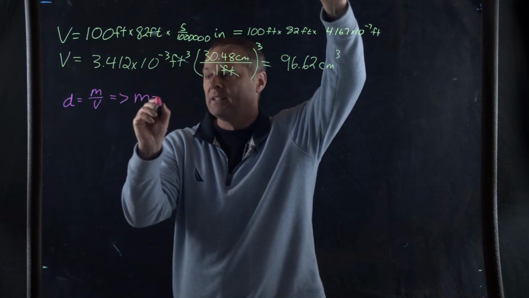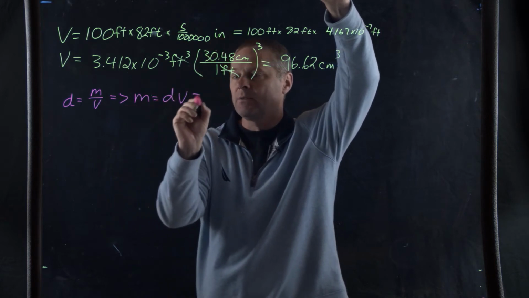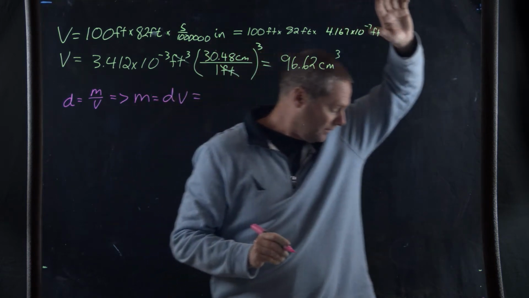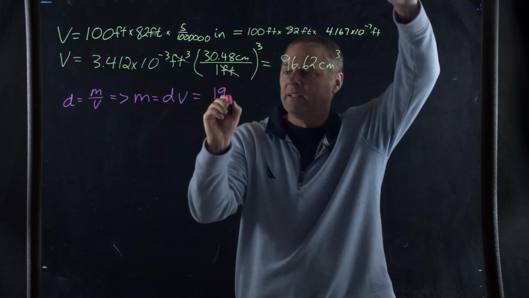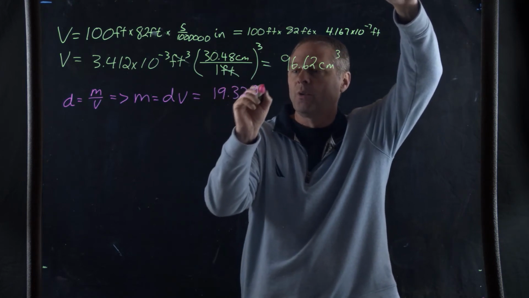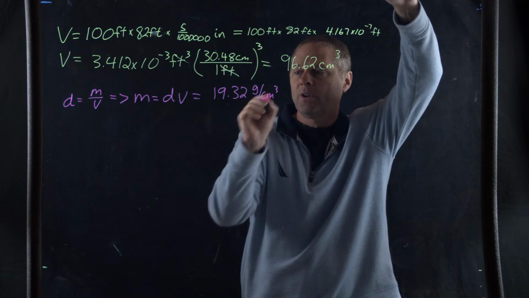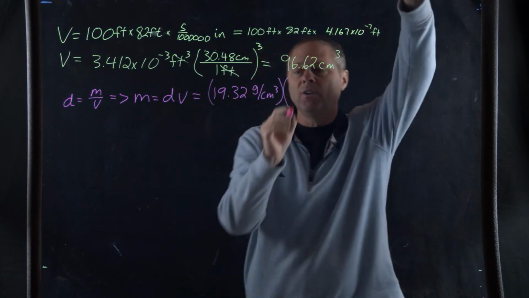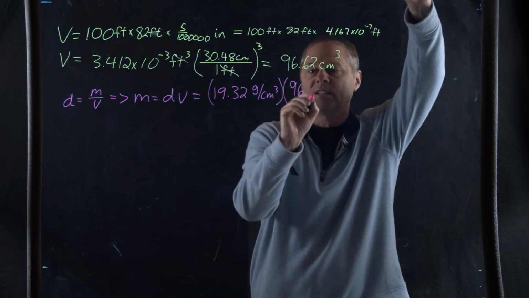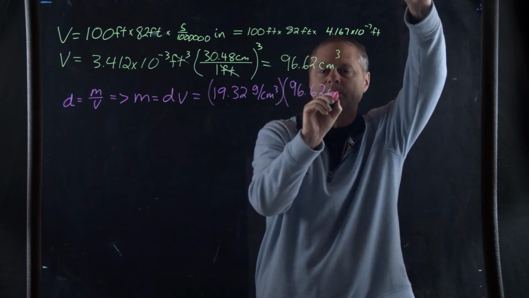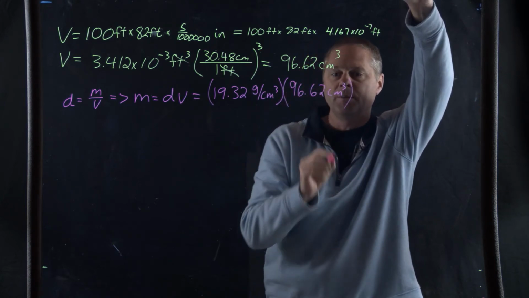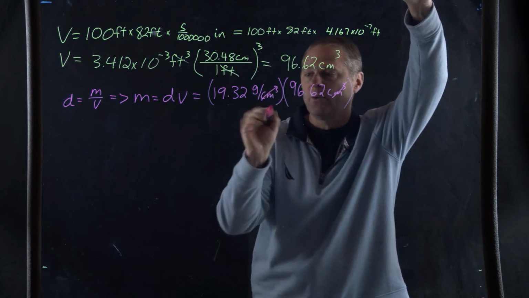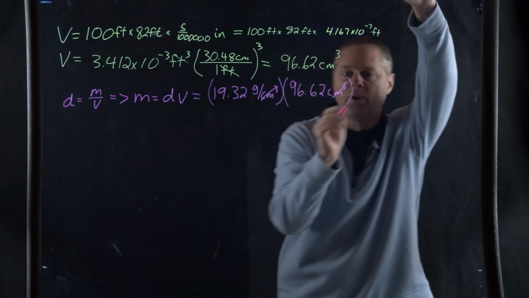And so our mass is equal to our density times our volume. Now the density of gold is 19.32 grams per cubic centimeter. We multiply that by our volume, which is 96.62 cubic centimeters. Our cubic centimeters are going to cancel, and we're left in the units of grams.